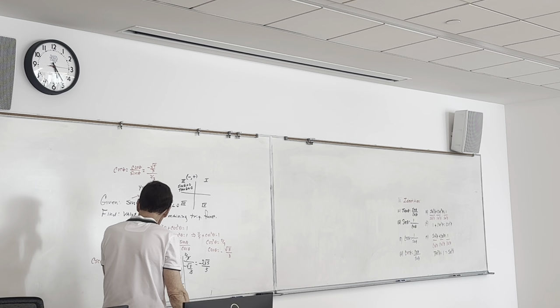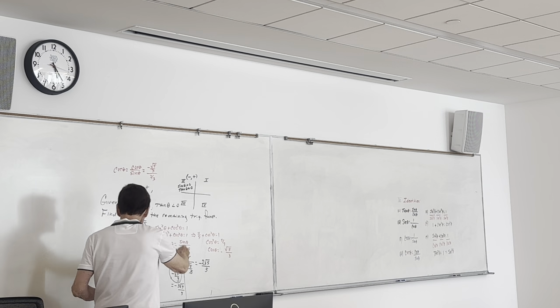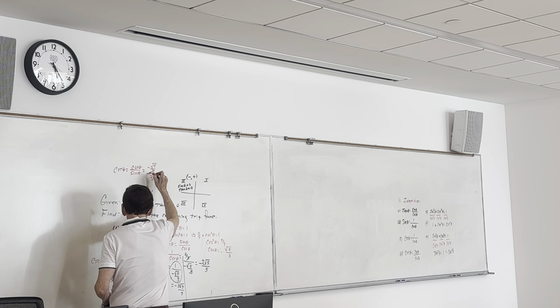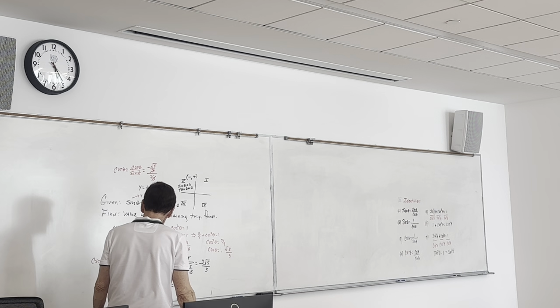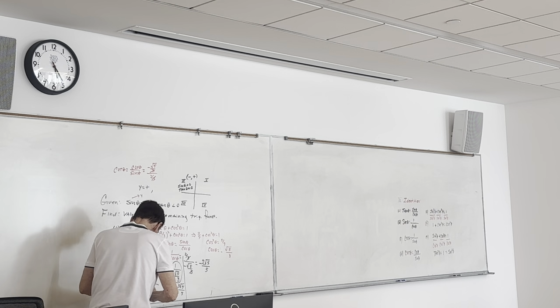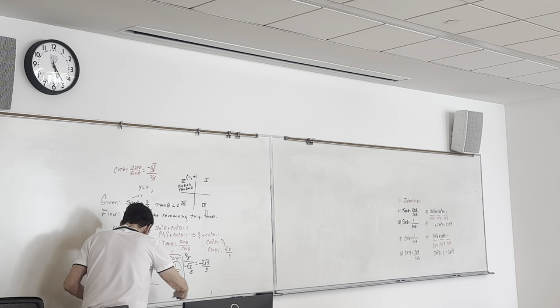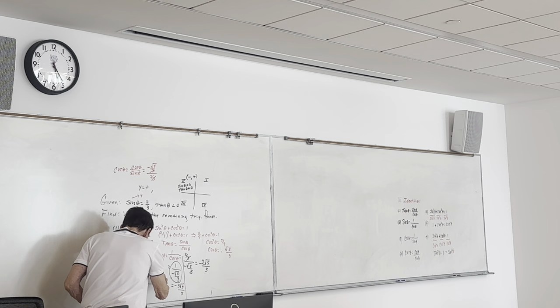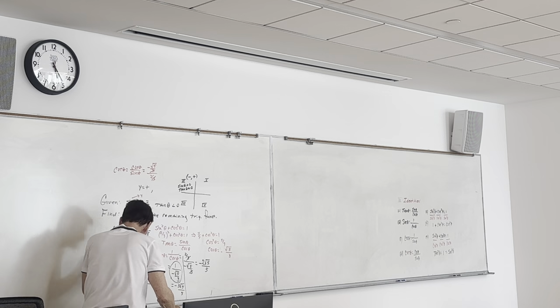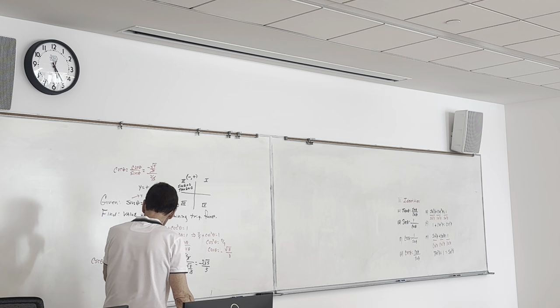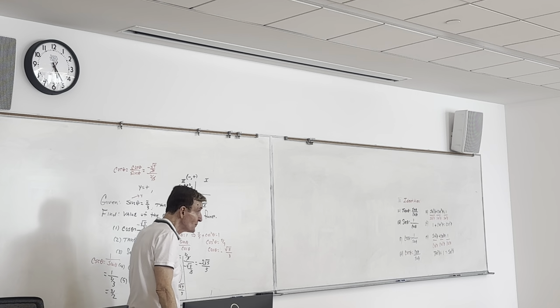Let's step back to look at it. Looks good. These cancel. So it's merely negative radical 5 over 2. You guys accept those answers? Yeah. Okay, and those are the answers.